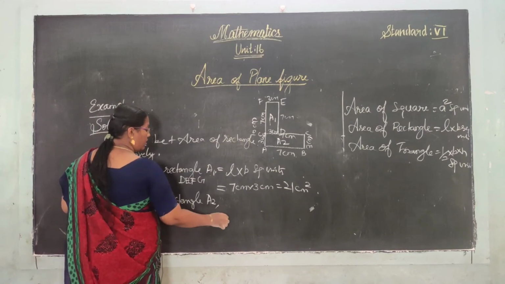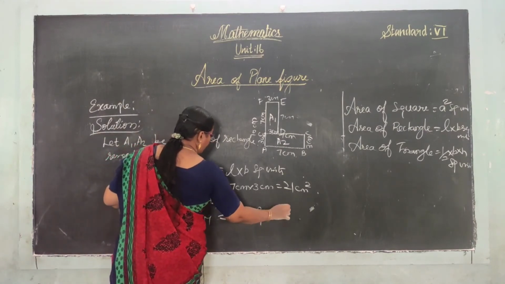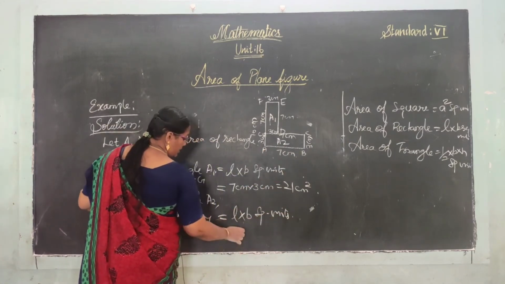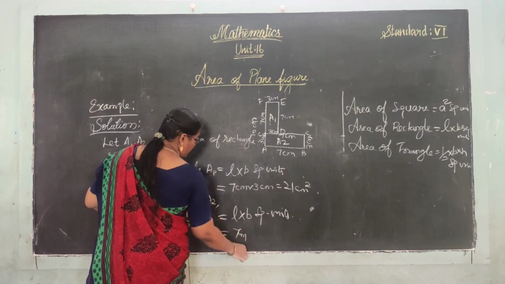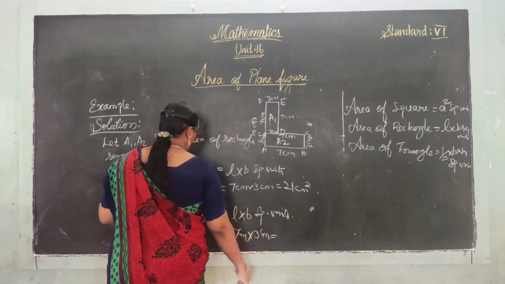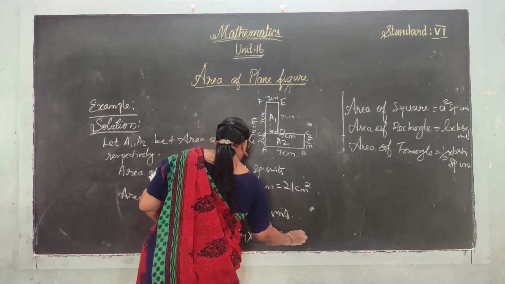ABCG is equal to L into B square units. Here the length is 7 centimeter and breadth is 3 centimeter. So total 21 centimeter square.